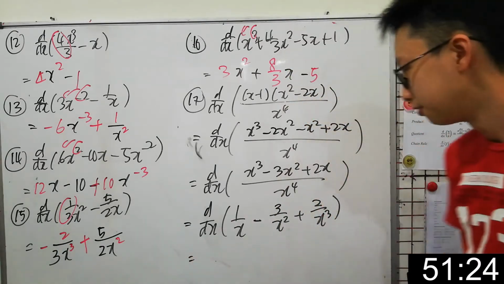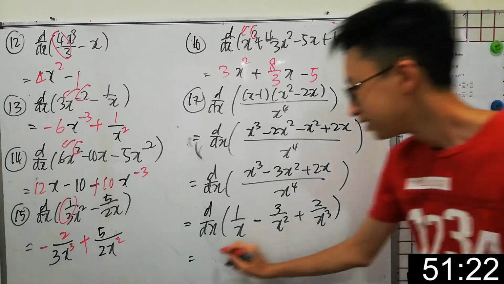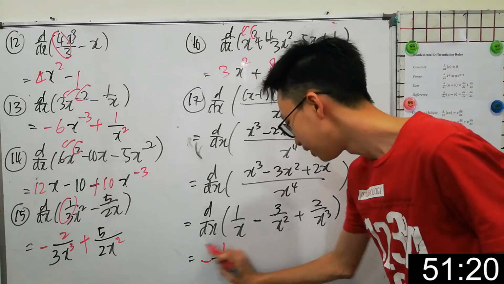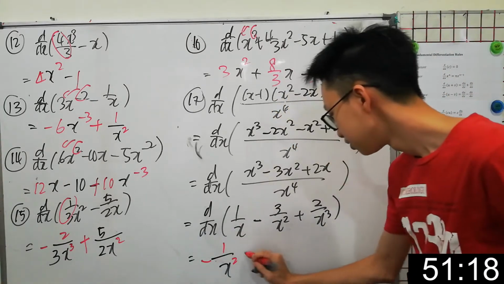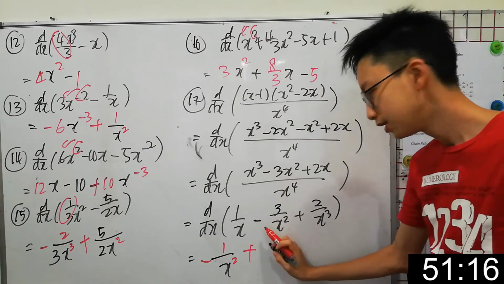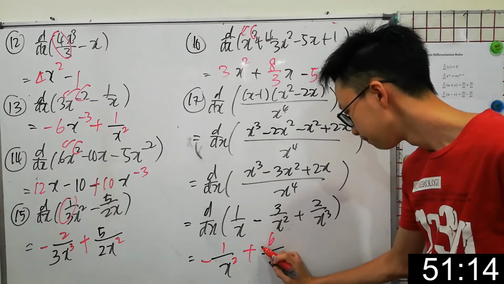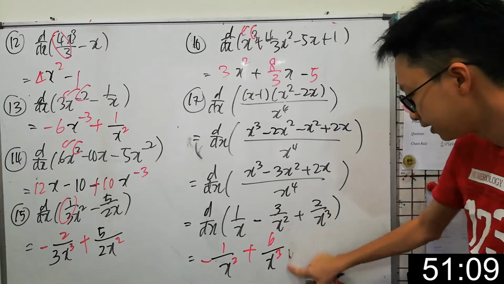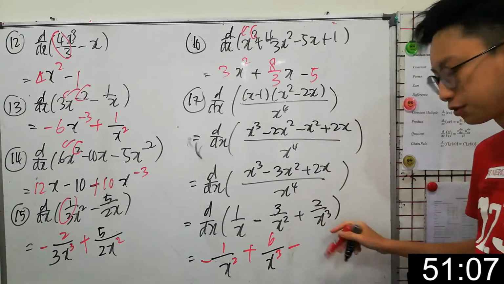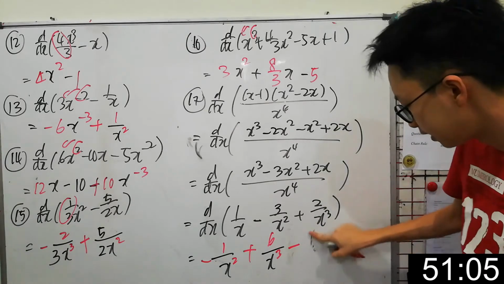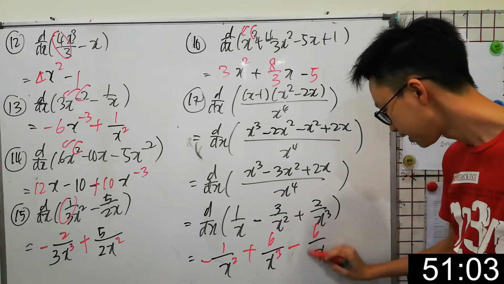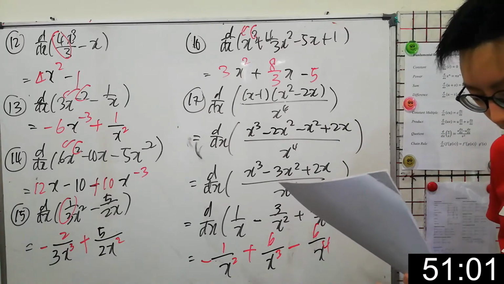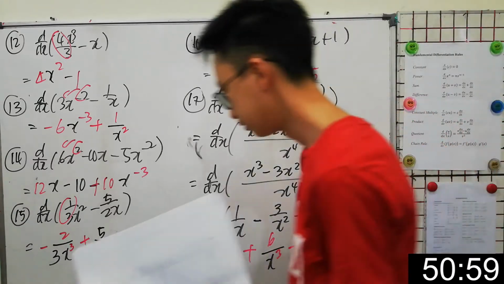So you see, it's all fractions. Change the sign, original power, power plus 1. Change the sign. 3 times 2 is 6 over x cubed plus, minus, minus 2 times 3 is 6 over x to the 4th. Okay, so this is number 17.